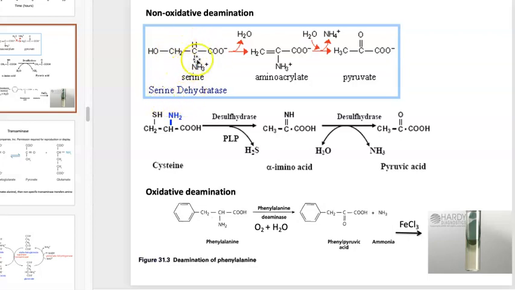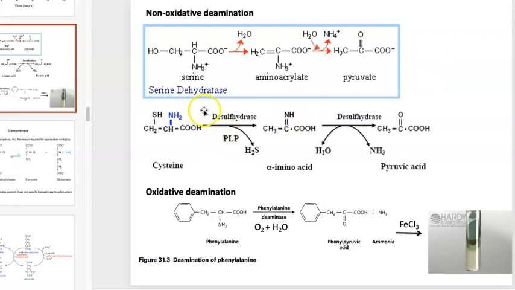So here's serine, and the dehydratase, as the name suggests, will pluck off water at first and produce this intermediate aminoacrylate. Then as more water is added back, the enzyme can pull off the amino group and produce pyruvate. Pyruvate can be shunted into the TCA cycle, for example, or into making other amino acids or for other biosynthetic processes.